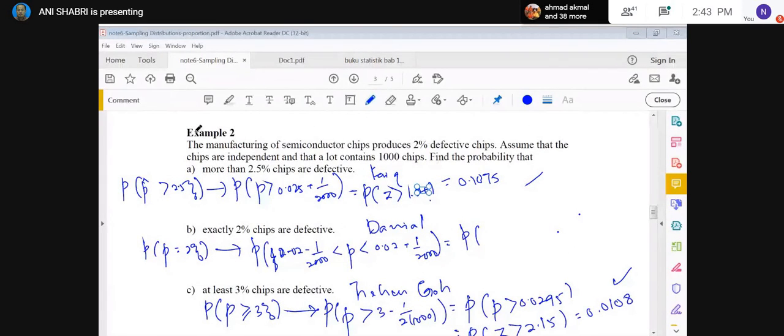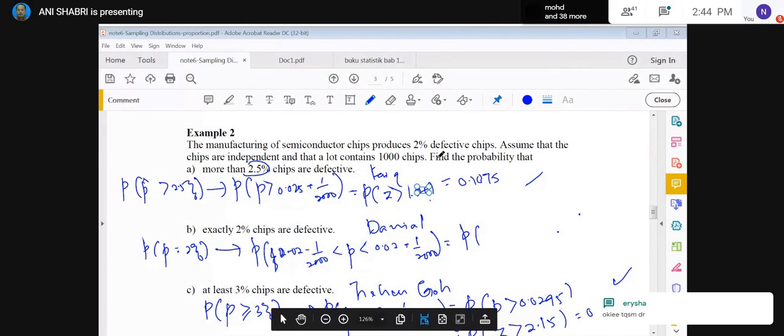Okey, ni kawan nak tanya Aisyah. Aisyah dah tengok soalan ni. If the question is about percentage, this one percentage, you must use proportion. Kalau soalan the number, it is binomial distribution. Tengok dia punya question this one. If this one proportion, it is proportion 5%, we must use proportion.